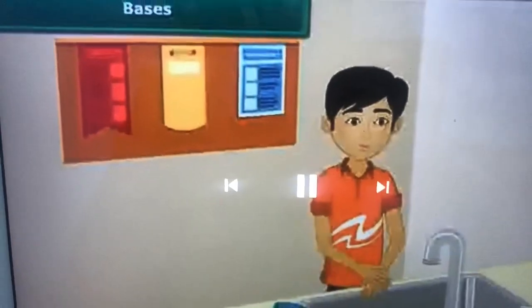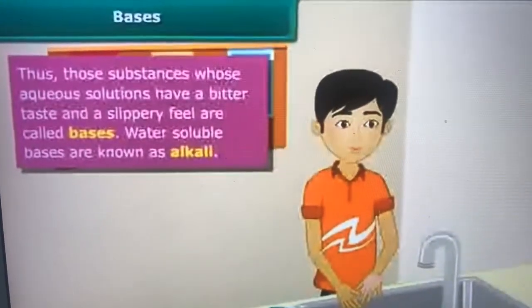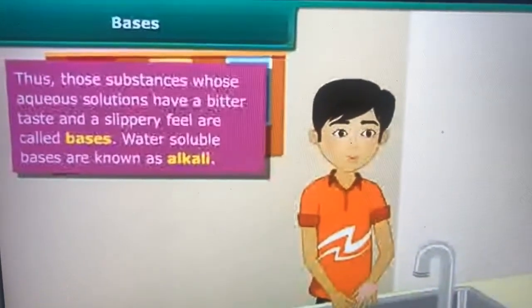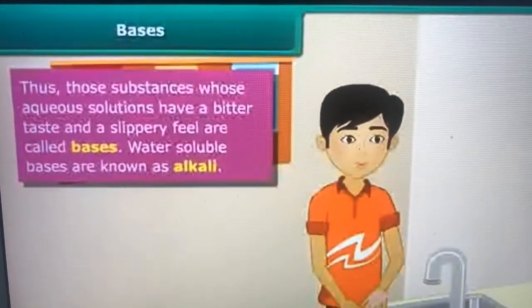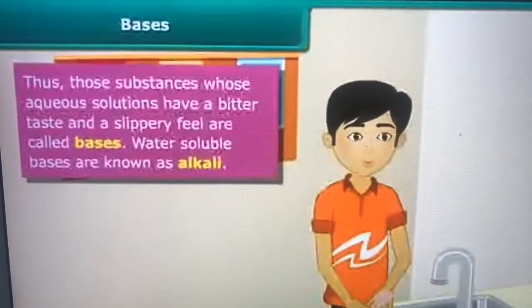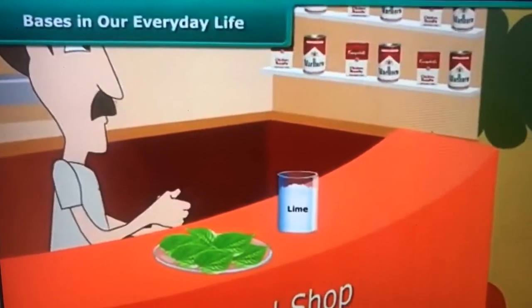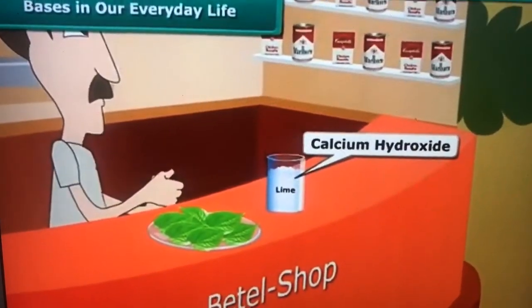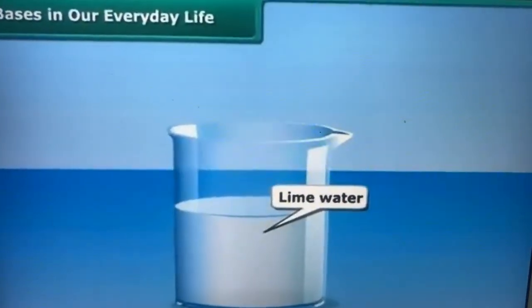Feeling because it contains base. Thus, those substances whose aqueous solutions have a bitter taste and a slippery feel are called bases. Water-soluble bases are known as alkali. The chemical name of lime is calcium hydroxide. Lime water is prepared by dissolving lime in water.